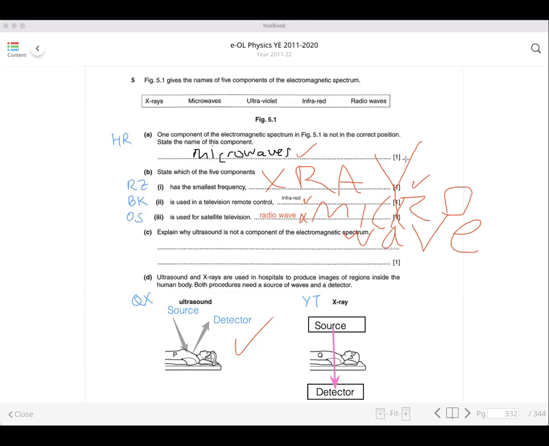So it's actually microwave. Hey, Ryan, your word very big. So for satellite TV, you use the microwave. For radio wave, you use it for TV communication as well as radio communication.